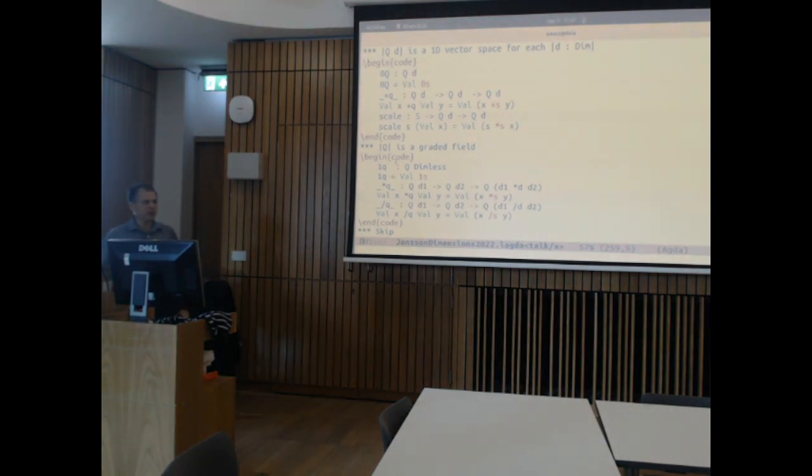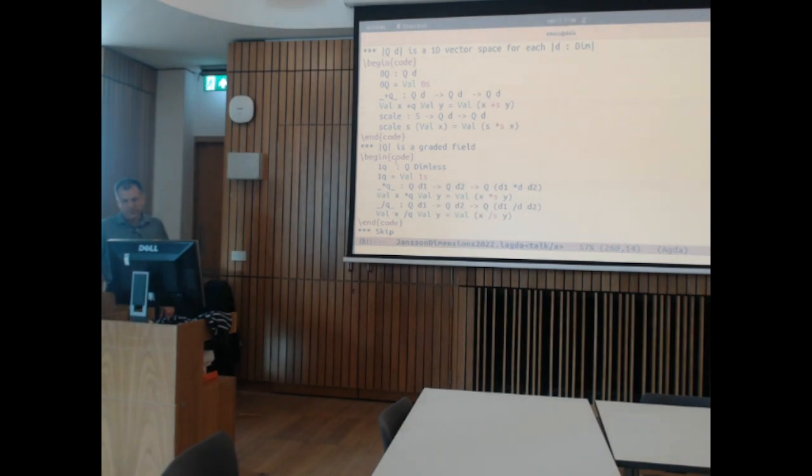I call it 1Q here, just to keep track of what's what. Multiplication just multiplies the scalars and divides the scalars. So the only interesting thing here with respect to the underlying scalar type is that I have indices. So this is a graded structure. And as you see, I can have any dimension d1 and then the dimension d2, and then I combine them together.